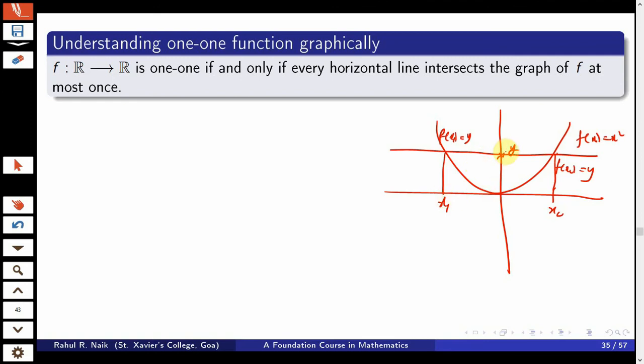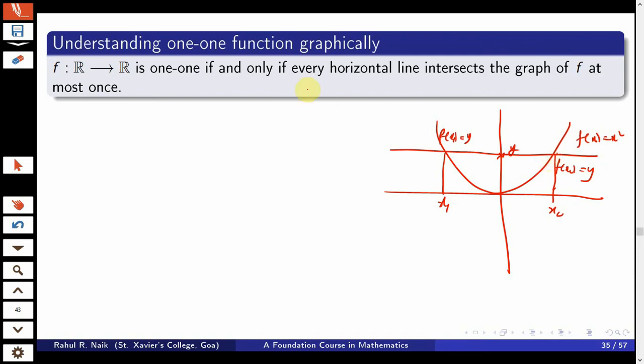This line intersects the graph at least twice. In fact, if it intersects more than that, again we would have some more points having the same image. So that violates the injectivity of the function.